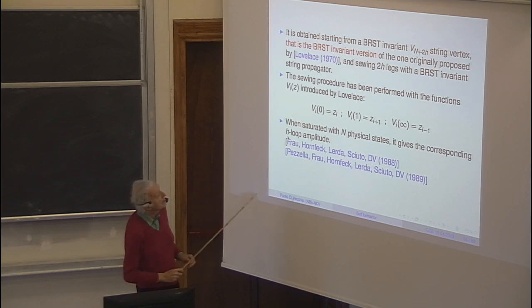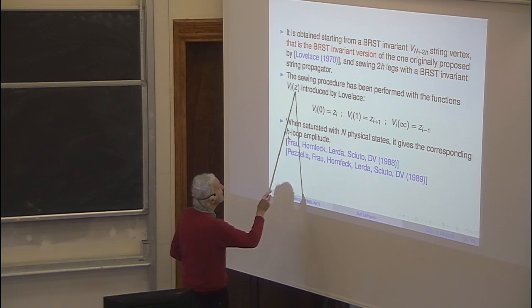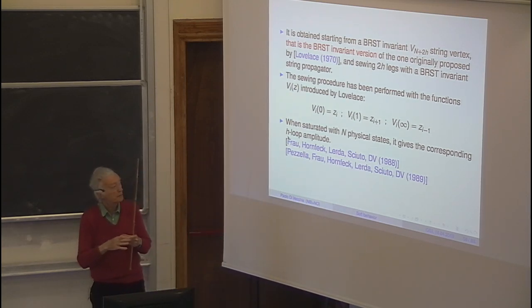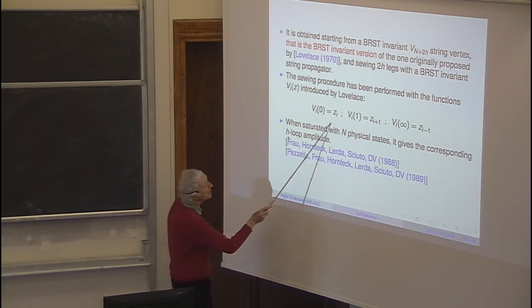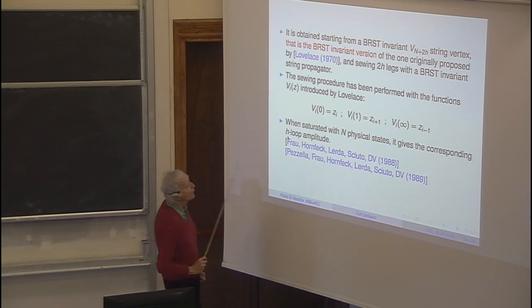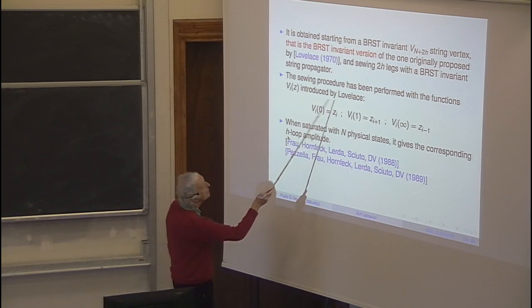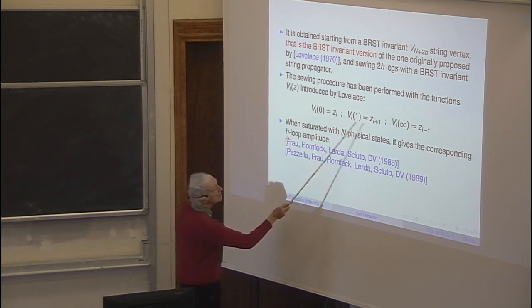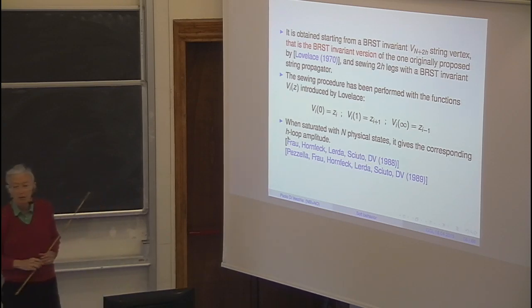Then this vertex contains the function vi of z, which specifies the parametrization around each puncture. And this is an essential condition. However, in the old days, Lovelace fixed this function by imposing these 2 other conditions, and these are the conditions that completely fix it.